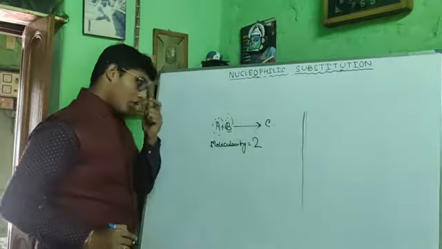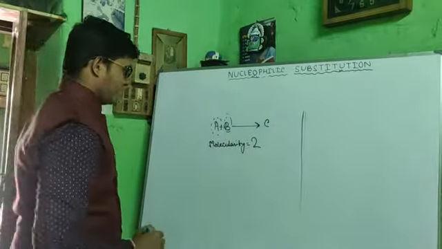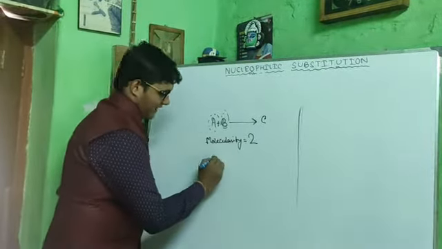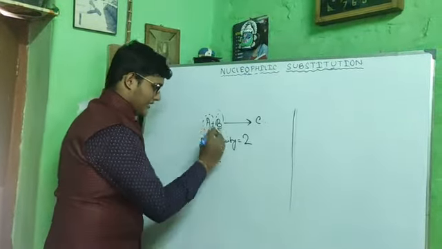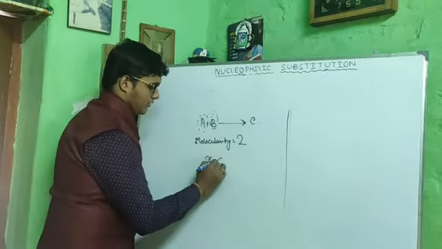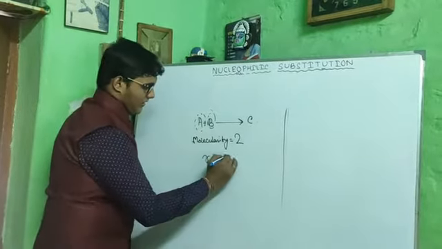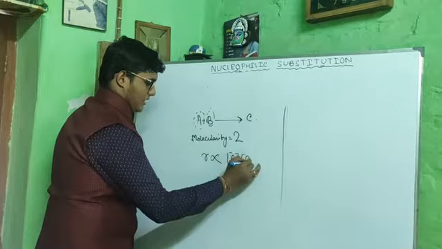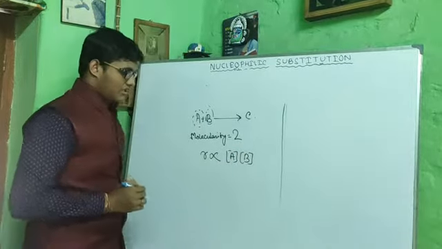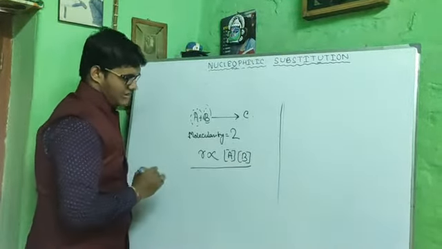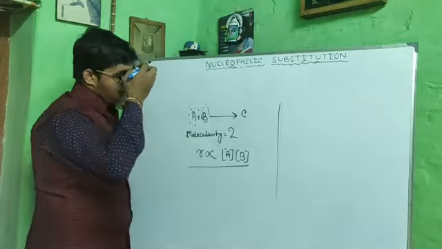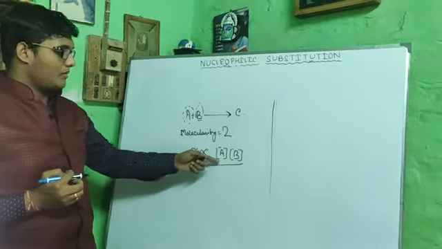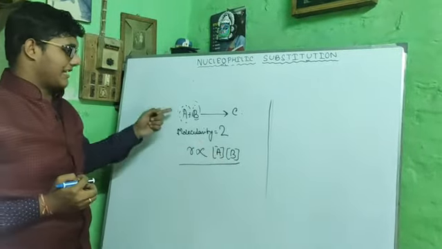If we go for the order of the reaction, we first have to learn the rate of the reaction. The rate of the reaction R is directly proportional to the multiplication of the concentrations of both reactants. For any simple reaction, the rate is always proportional to the multiplication of the concentrations of the reactants.